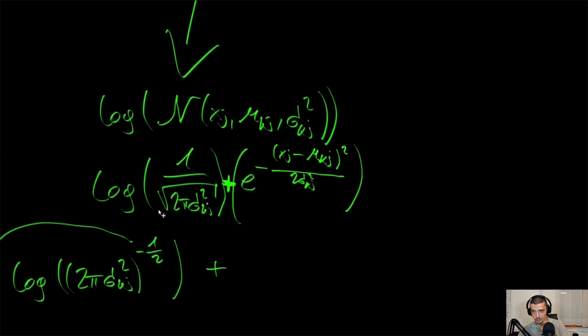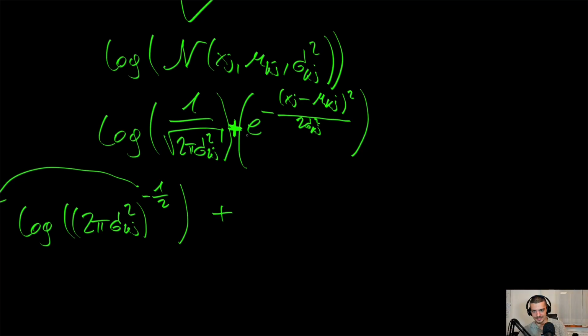What do we have here? We're working with a logarithm base e, so this gets canceled. And we have basically just the term negative. So actually we can remove the plus here, minus, and then xj minus mean kj squared divided by 2 times the variance. So that would be kj here again.